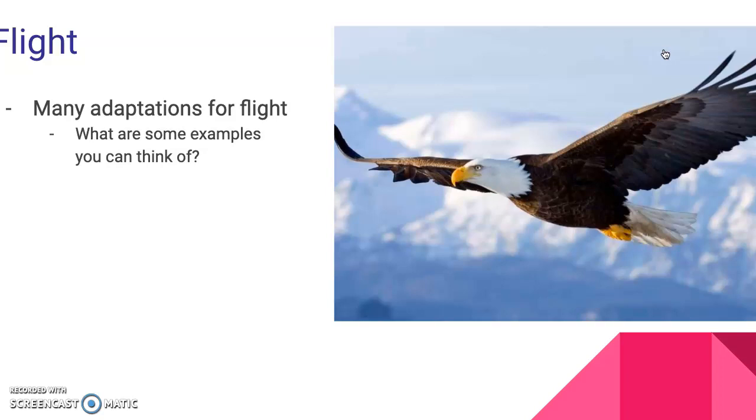So maybe the first thing you thought of was, well, eagles like the one shown here and all other birds have wings. And there are special things about wings that we're going to go into in the next few slides, as well as just in the general body structure of the bird.